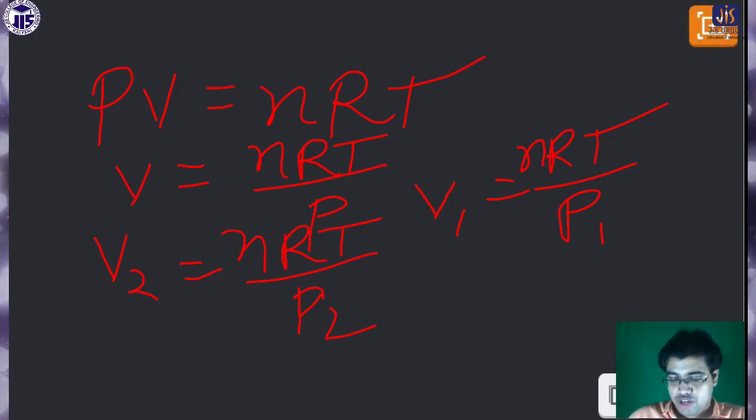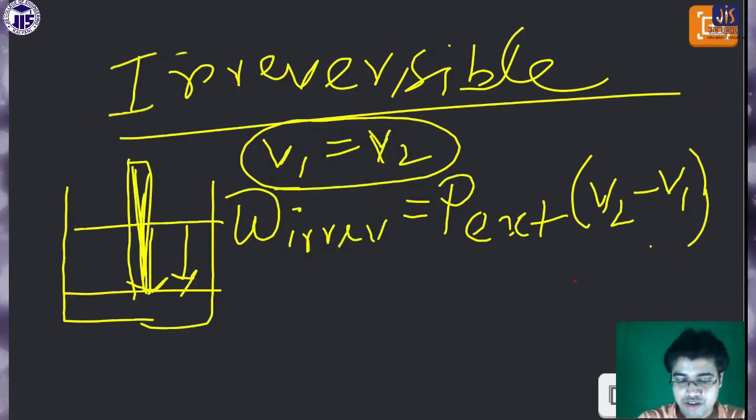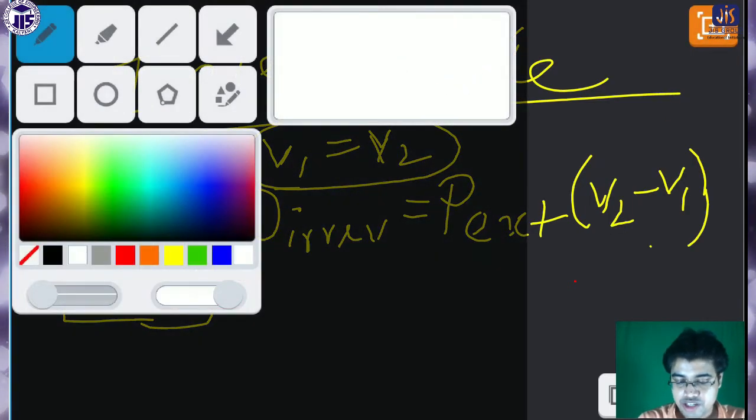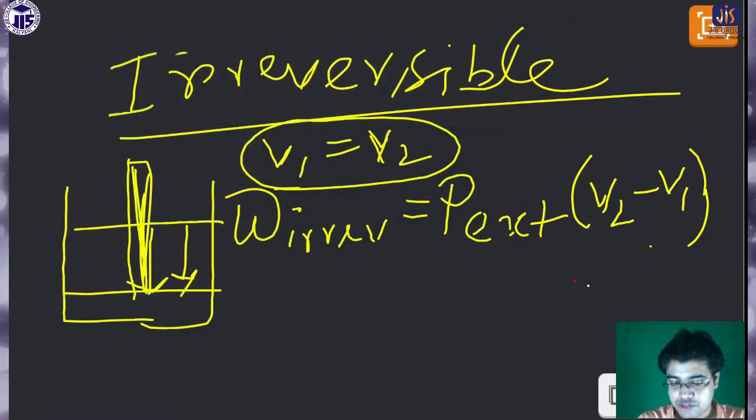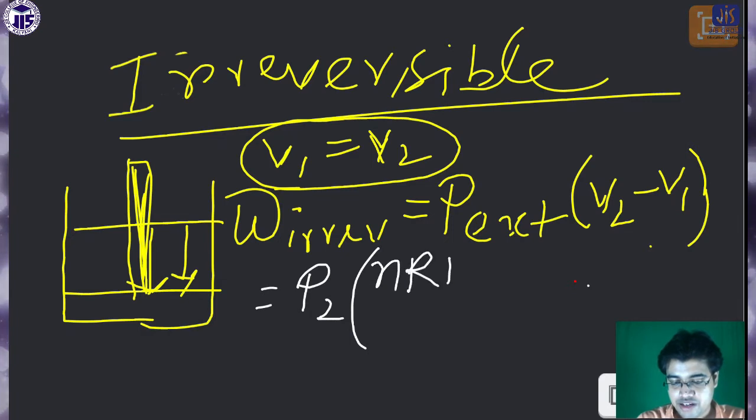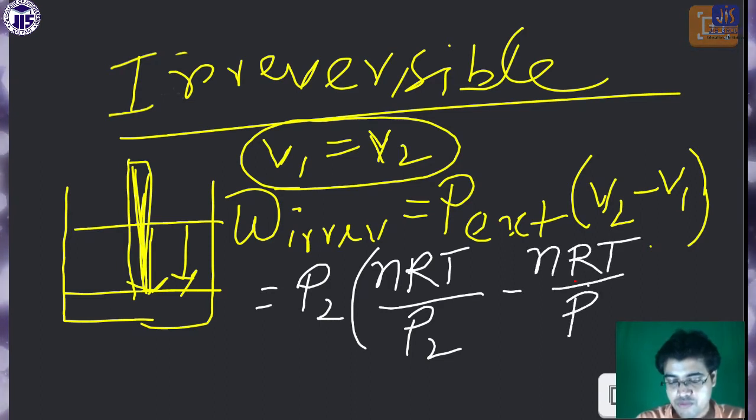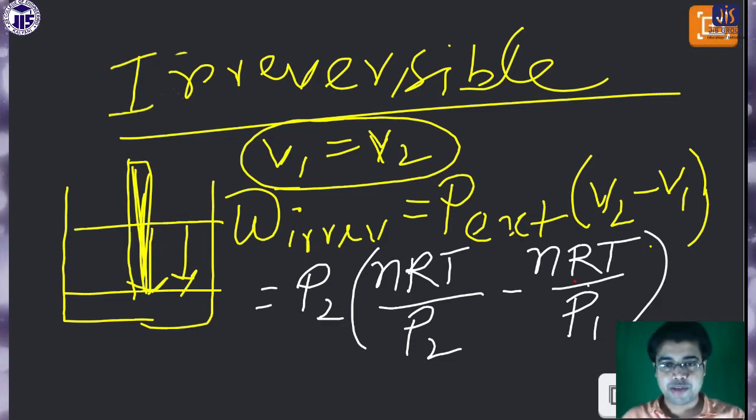Okay, so now just put here the values of V2 and V1. So here we can write down that W irreversible equals P, it is actually P2, P external means it is P2 actually. So then we can write down nRT by P2 minus nRT by P1. So what equation will we get? nRT by P2 minus nRT by P1.